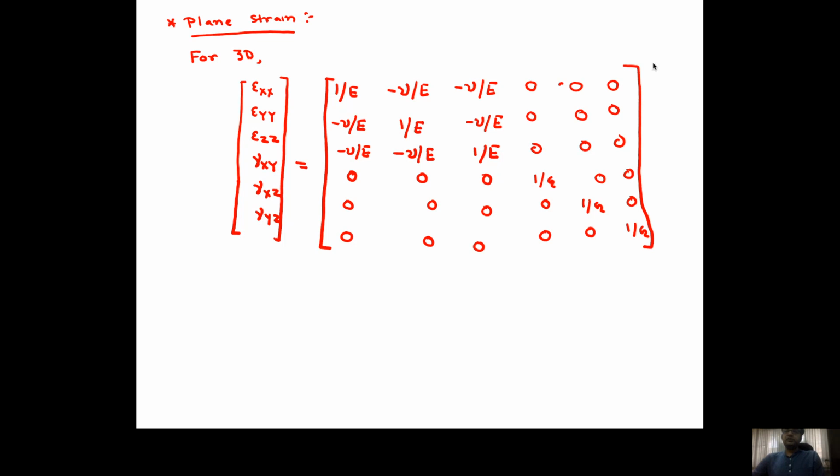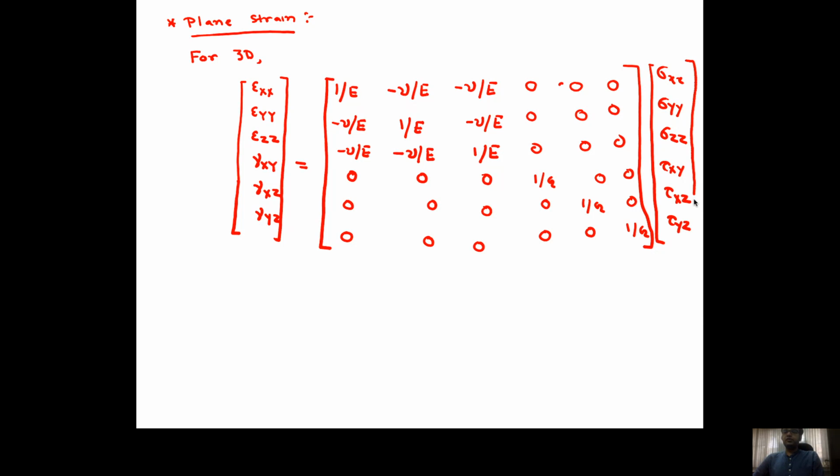And obviously you have your stresses here, the 6 stress components, which are sigma xx, sigma yy, sigma zz, tau xy, tau xz, and tau yz.